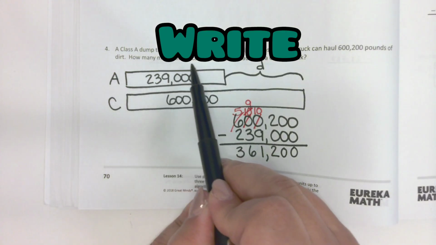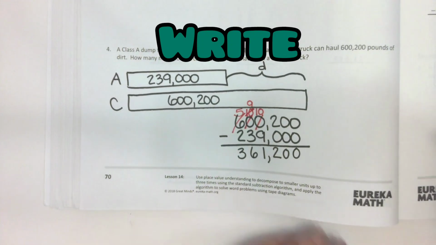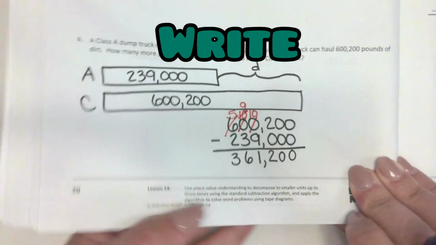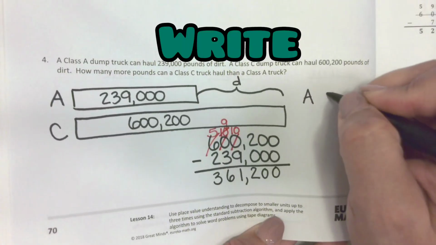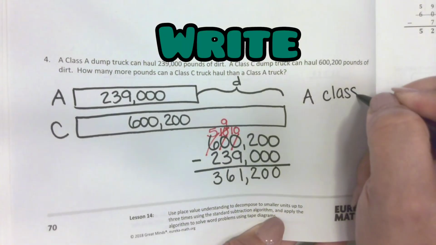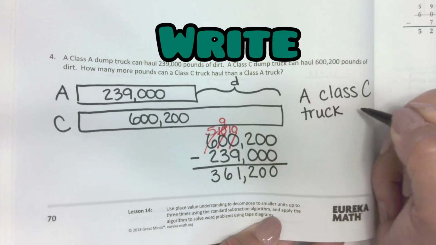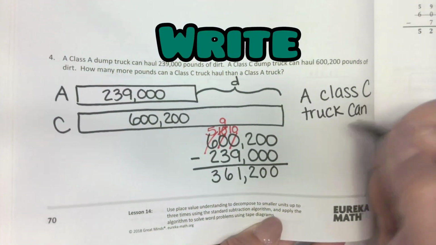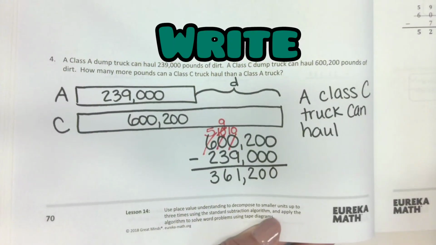So we need to write our answer statement. How many more pounds can a Class C truck haul than a Class A truck? Let's turn that into a sentence to answer the question. A Class C truck can haul how many more pounds?